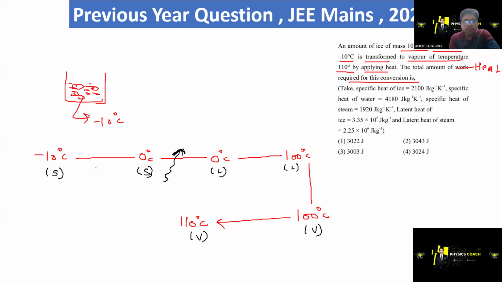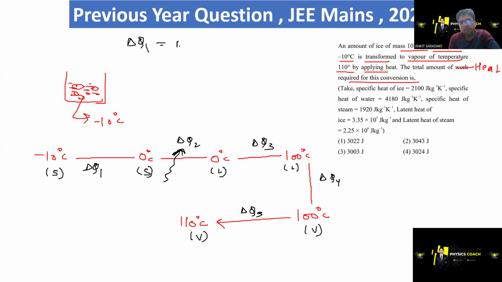So let us suppose the heat we provide is delta Q1, then delta Q2, delta Q3, delta Q4, and delta Q5. Clear?